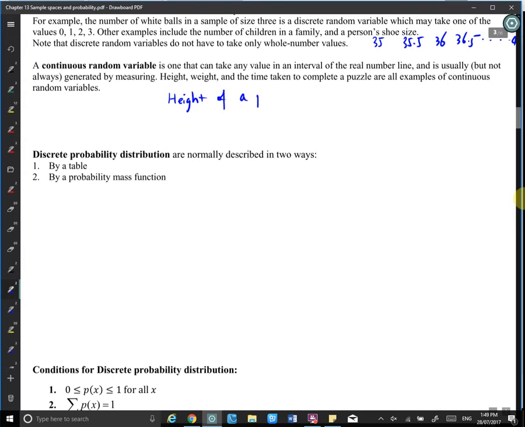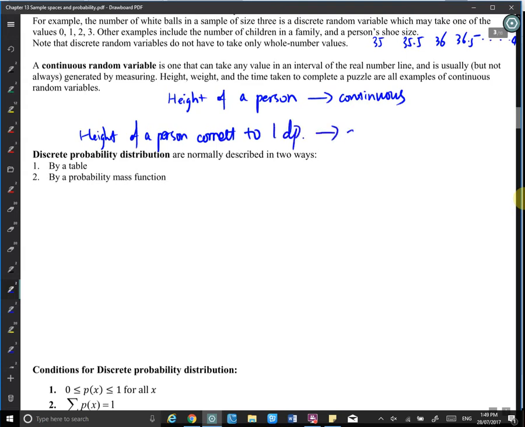Height of a person is continuous. But if I say height of a person correct to 1 dp, that's discrete, because now you can list them: 170, 170.1, 170.2.